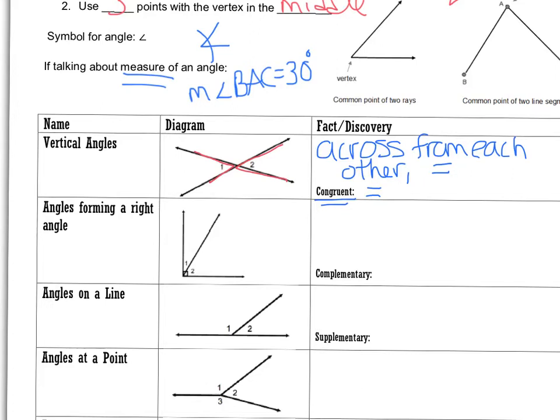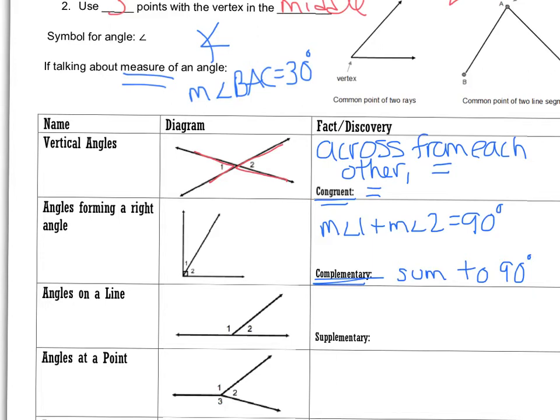Angles forming a right angle. In this case, you can see that we have the little right angle symbol already for us. So that tells me that the measure of angle 1 plus the measure of angle 2 equals 90 degrees. The word for this is complementary. So complementary means that they sum to 90 degrees.